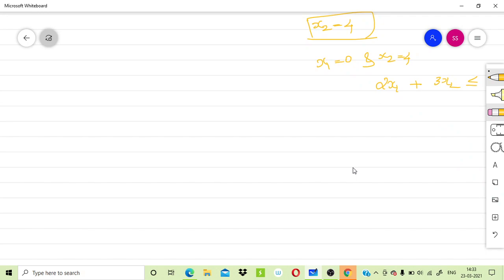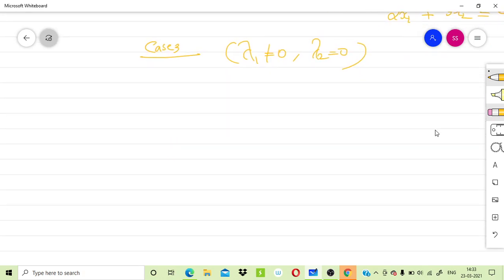So we will go to the next case, case 3: lambda 1 not equal to 0 and lambda 2 equal to 0, just the opposite of the previous case. If lambda 2 is equal to 0, then equation 1 implies 2 minus 2x1 equal to 2 lambda 1, that means 1 minus x1 is equal to lambda 1.